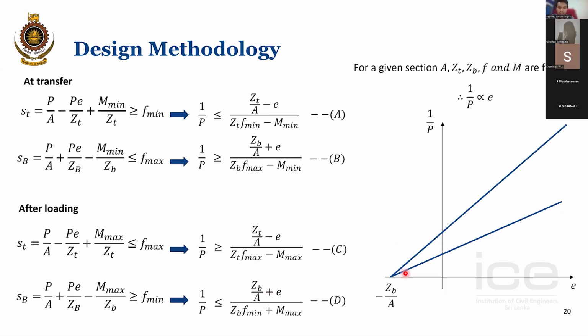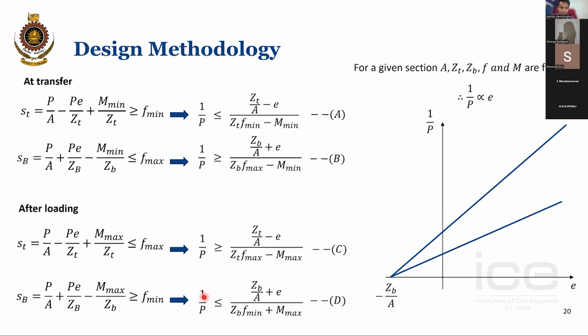So you can see when 1 over P is equal to 0, when I equate this, let's say take this expression, 1 over P is equal to 0, this part will become 0 and e will be equal to minus Zb over A.